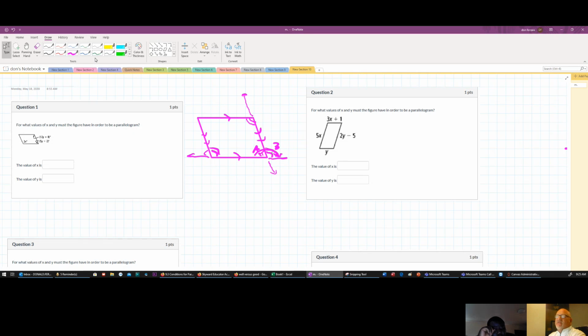So that being said, let me just do this real quick. I want to erase this. Okay. So using this, what we have, we've got these equations. We're talking about this angle here, this angle here, and this here.